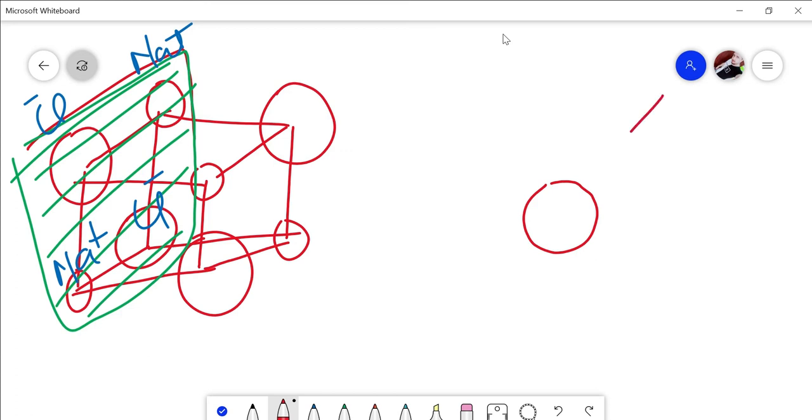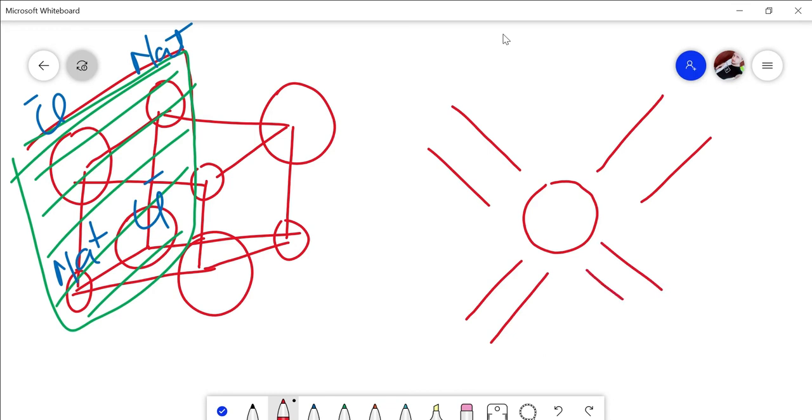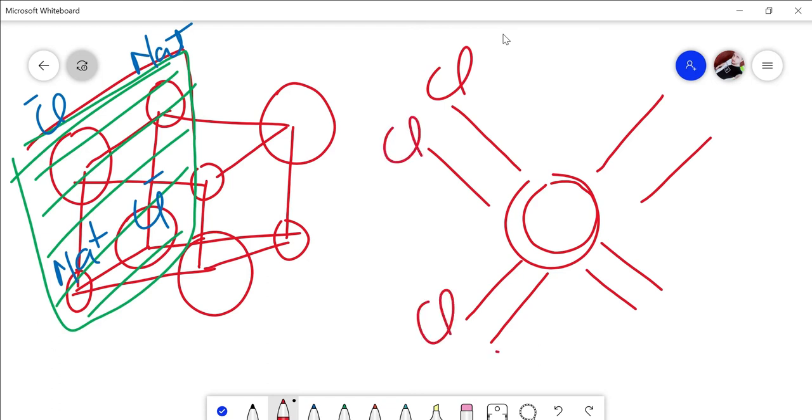So 4 ropes will be connected to the top, and 4 ropes will be connected to the bottom, because there are 4 corners at the floor of the room, and you're in the center. So this is chloride, this is chloride, and so on, all 8 corners are chloride.